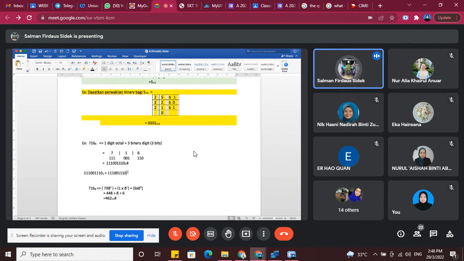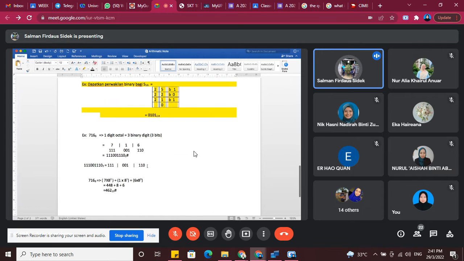Start with the right side, don't start with the left side. Remember that. You take 3 digits here, and we group it 3 by 3, starting from the right side. Again, 3 bits for 1 digit. So automatically we will get this, which is 7, and then 1, and then 6.